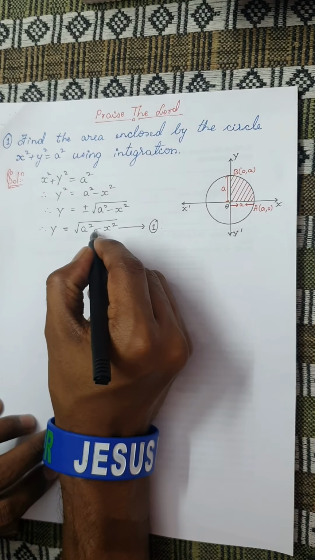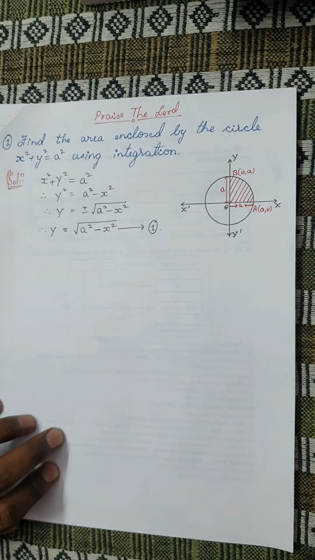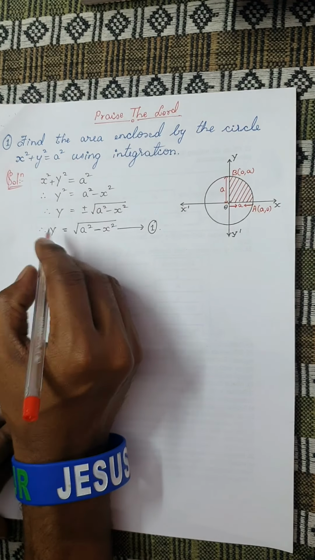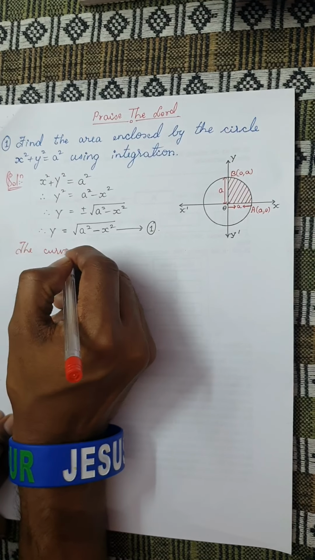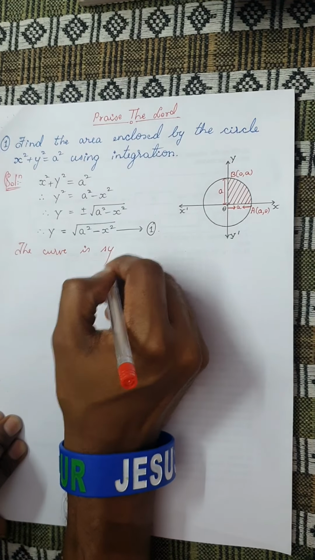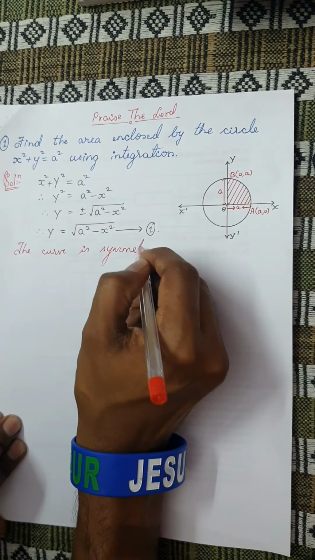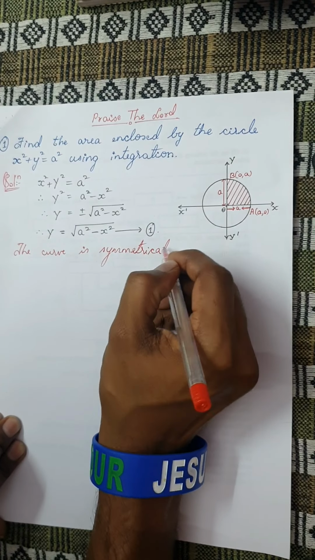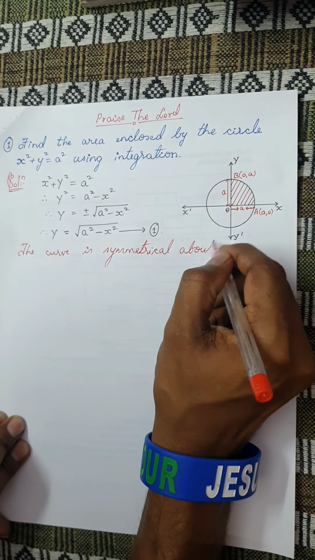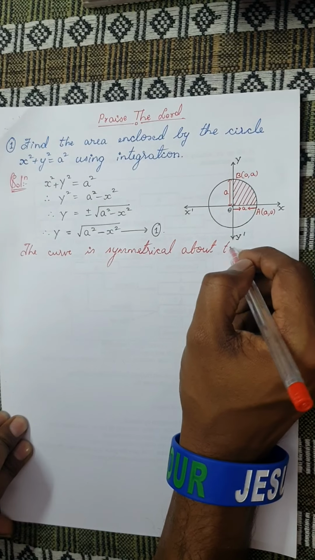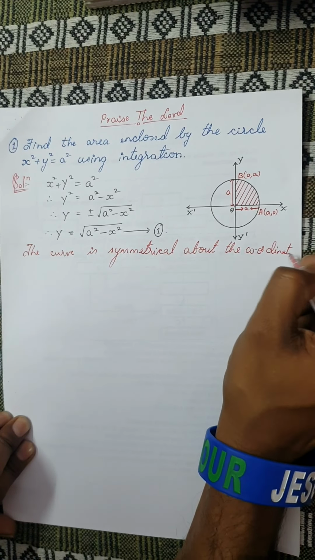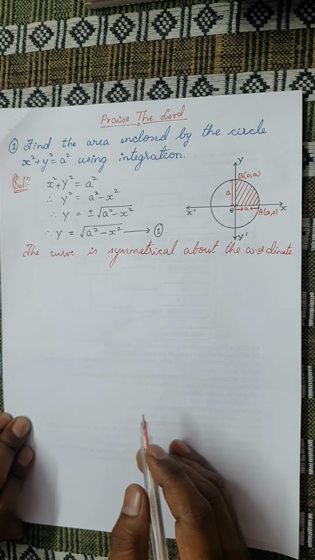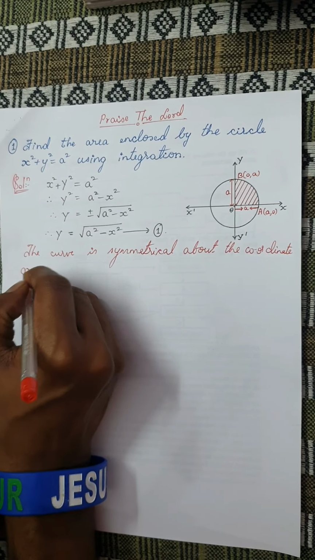Now once this is clear, I'm going to write one point which you need not write in the examination. The point is, the curve is symmetrical about the coordinate axes, meaning both the axes.